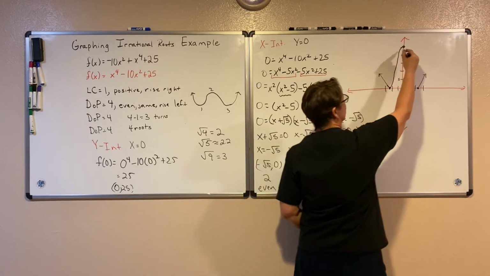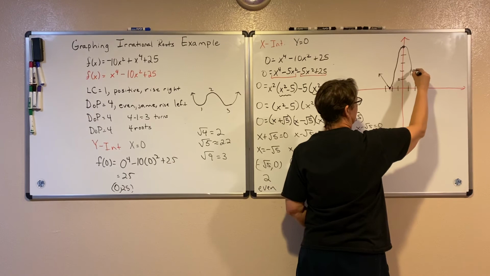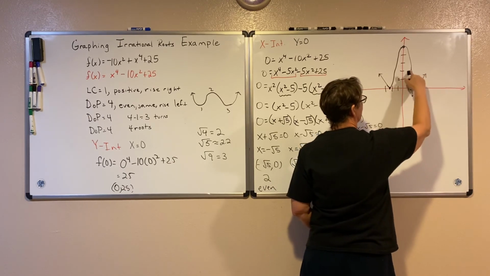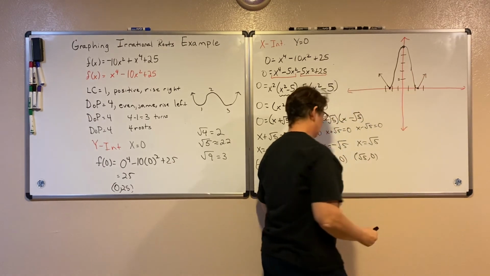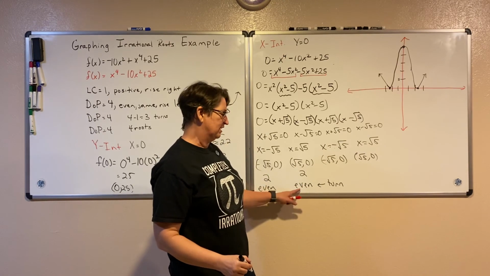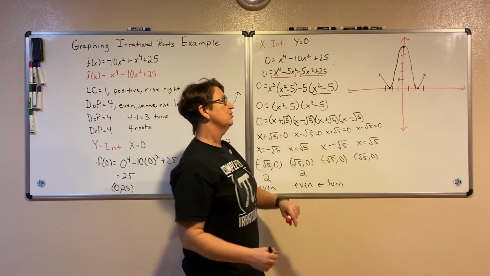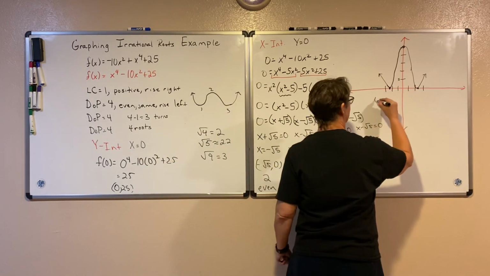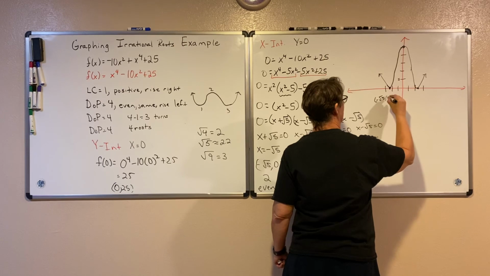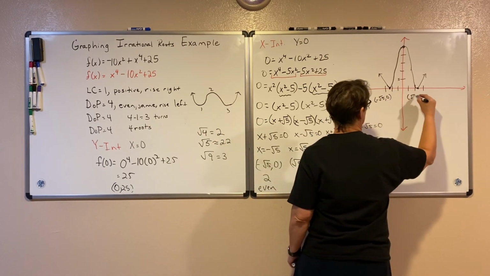So here it turns around somewhere, it comes back down and hits this x-intercept, and when it hits that x-intercept, we know again, because the multiplicity is 2 and it's even, we know at the square root of 5, it's also going to turn around. So there is our function graphed, and it looks like our original sketch said it was going to look like.